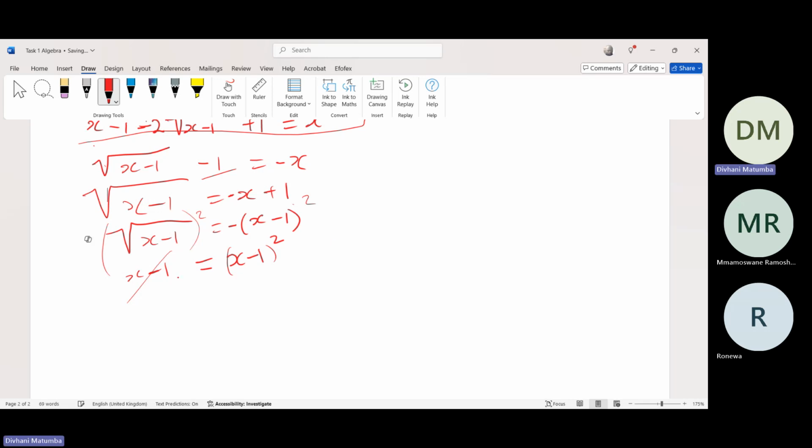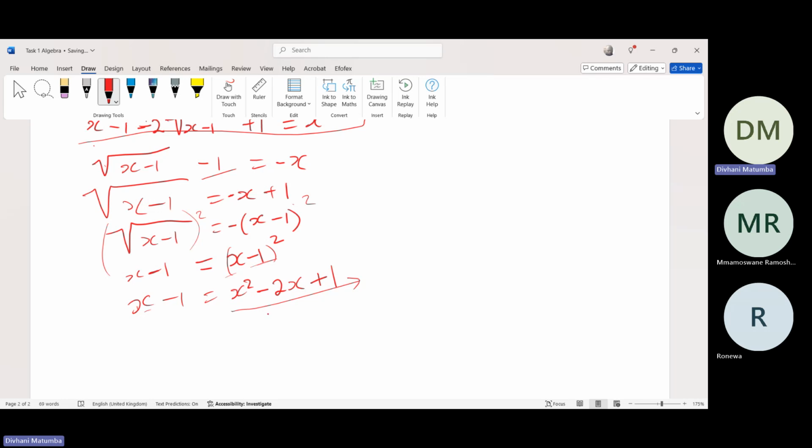So the best way is to not cancel, but to resolve what is in the brackets, which is going to be, we will have x minus 1 is equals to x squared minus 2x plus 1. Do you guys agree with that statement, Ronel? Yes, sir. Okay.